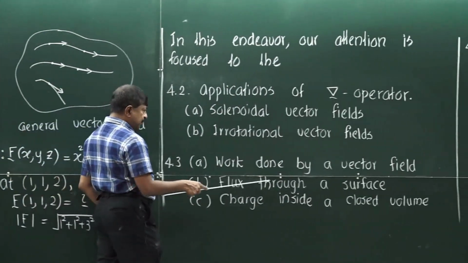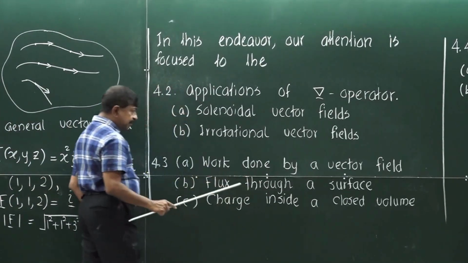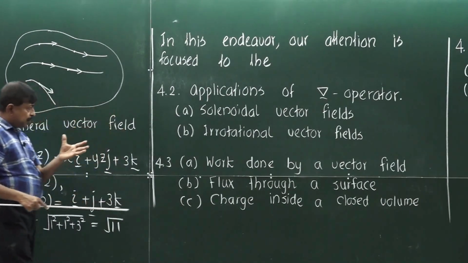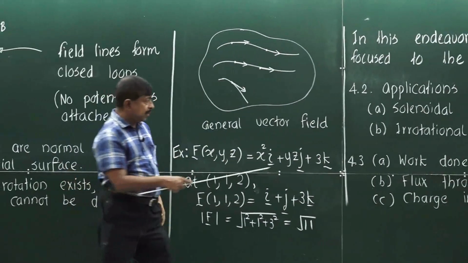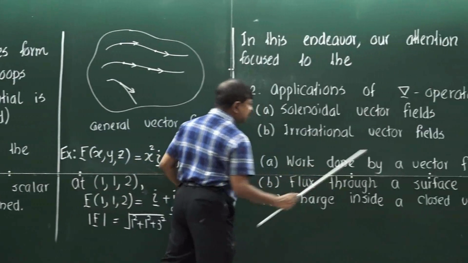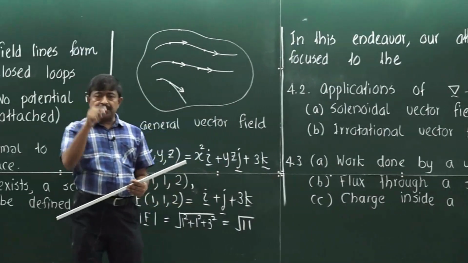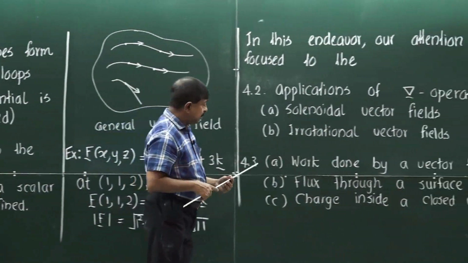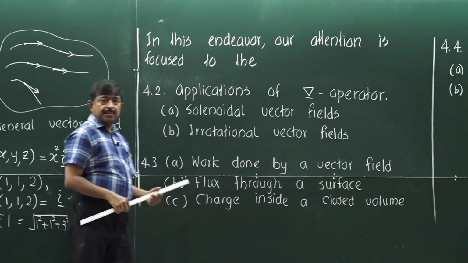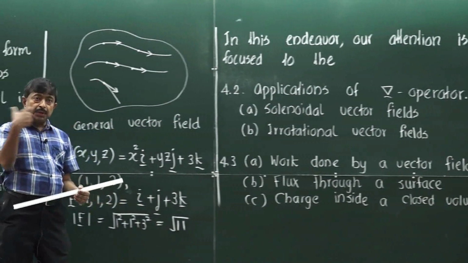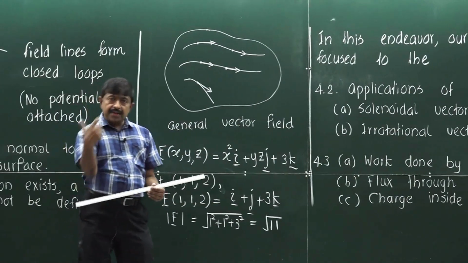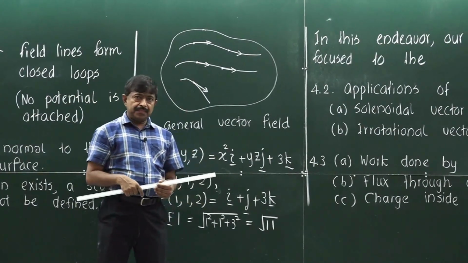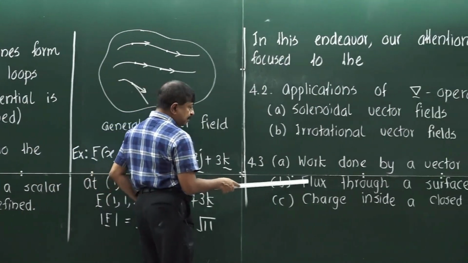And when you find the flux through a surface, since the domain of integration is a surface, you have two integral signs. However, since you are in R3, you have all three variables. So they don't match: two integral signs and three variables. So that's called a surface integral.